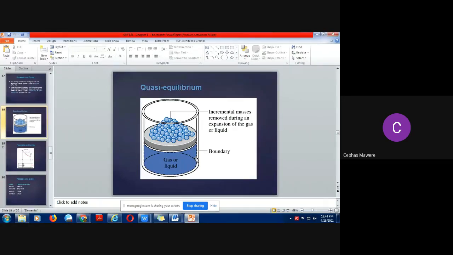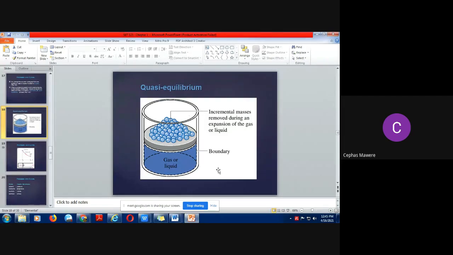What we call this process is a quasi process or a quasi equilibrium. Remember I said a system can be in mechanical equilibrium, which means the pressure is constant.